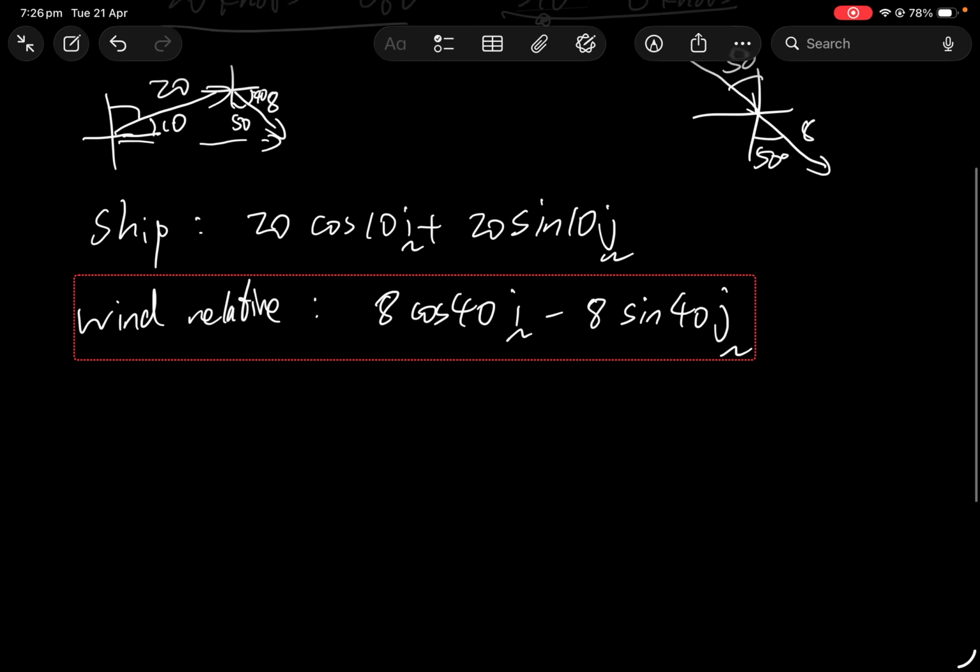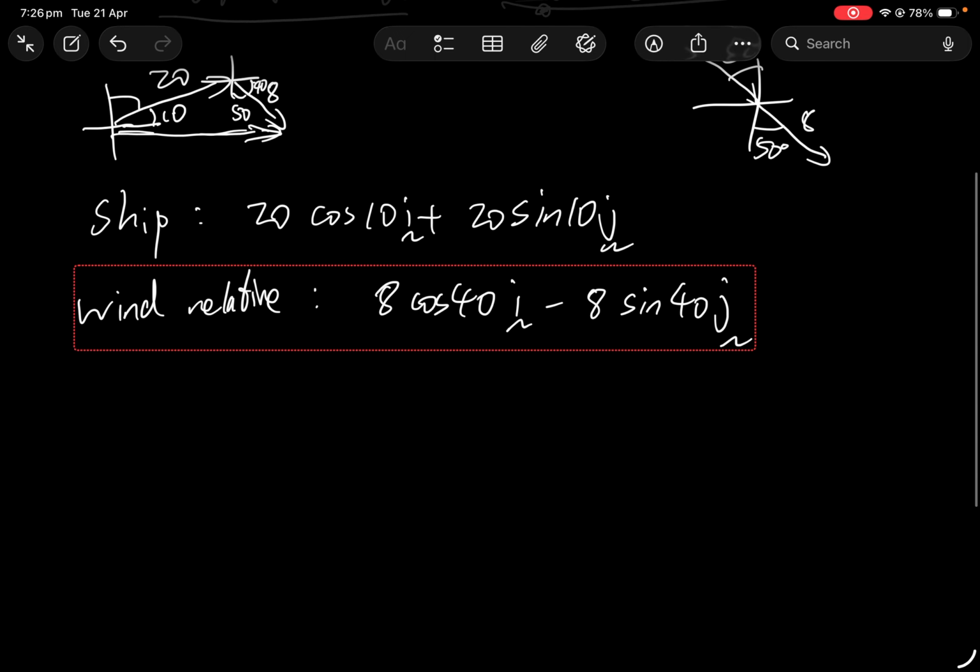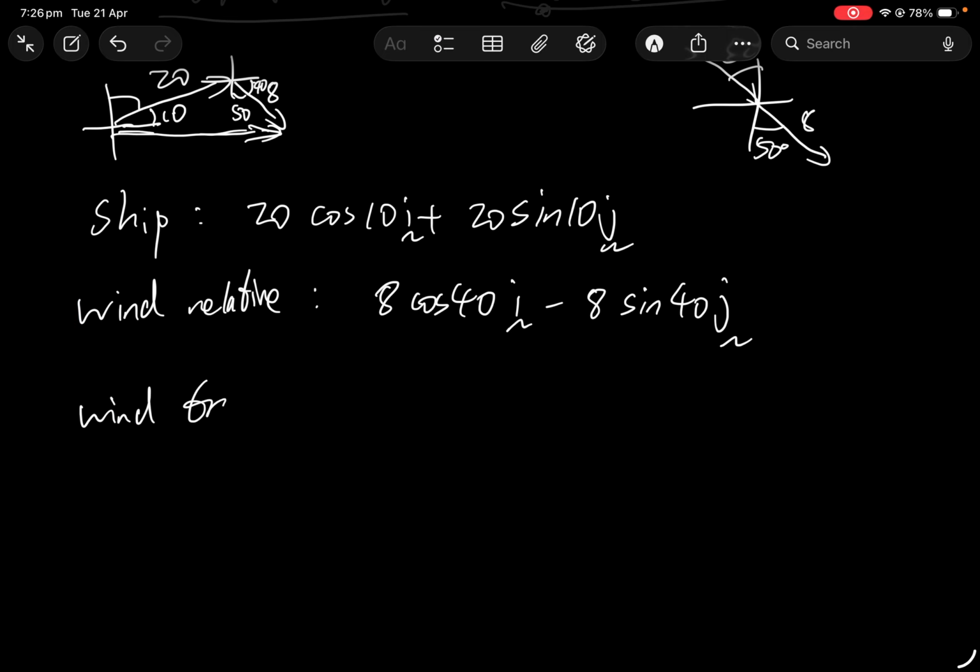So now we have to find this vector. So we just have to add those together. So wind true is equal to ship plus wind relative.